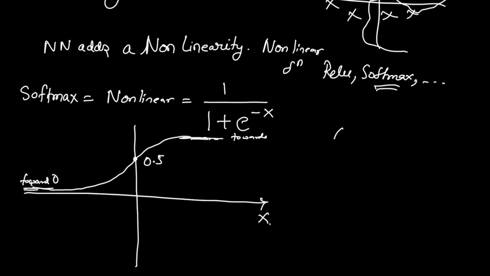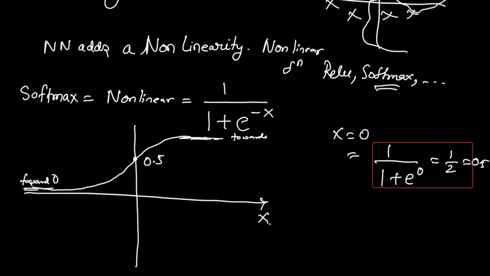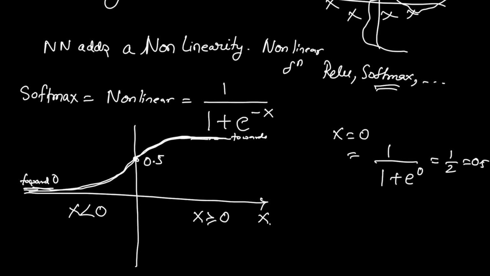If we put x as 0 in this function, then it would be 1 upon 1 plus e to the power 0, which is 1 by 2. So that's what it is. It means that if x is greater than 0, the function is approaching 1, right? And if x is negative, the function is approaching 0.